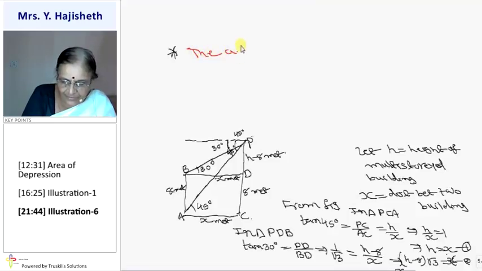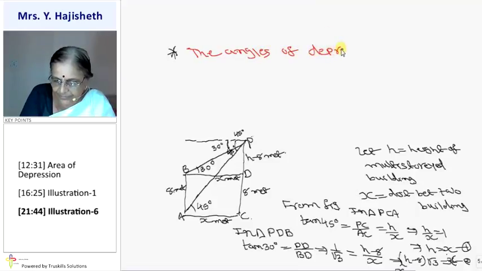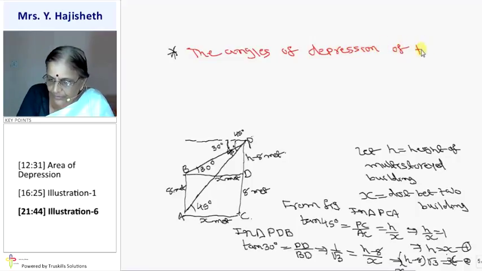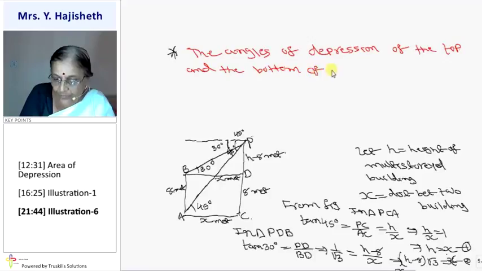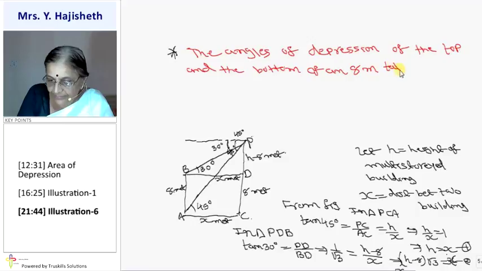The angle of depression of the top and bottom of an 8 meter tall building. कहां से एंगल ऑफ डिप्रेशन मेजर करते हैं?